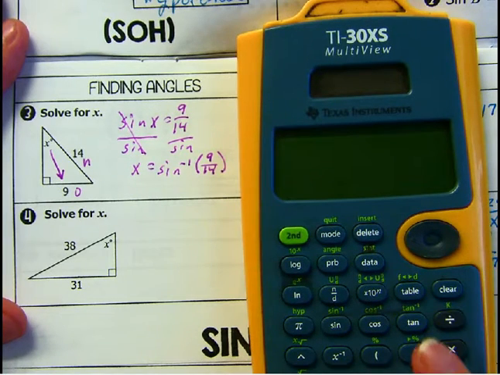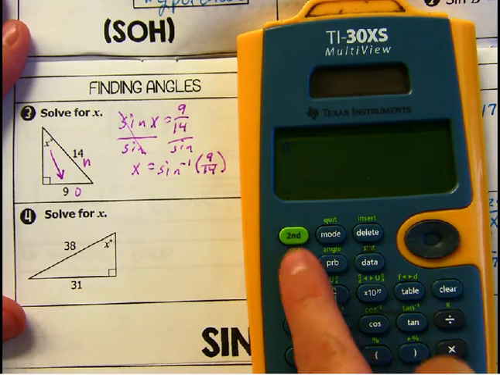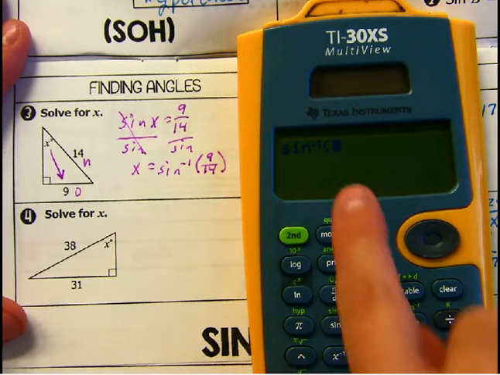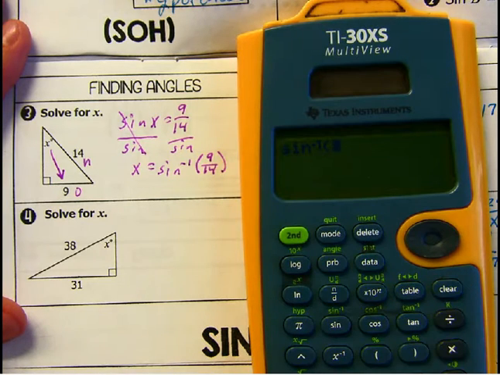So on our calculator, for this one, since sine to the -1 is in green, we're going to use the second button and then hit sine. So we have sine to the -1. And then in parentheses, we're going to put our fraction, which is 9 divided by 14. Close our parentheses and hit enter. We're going to be rounding all of these to the nearest hundredth, so we're going to go 2 decimal places.